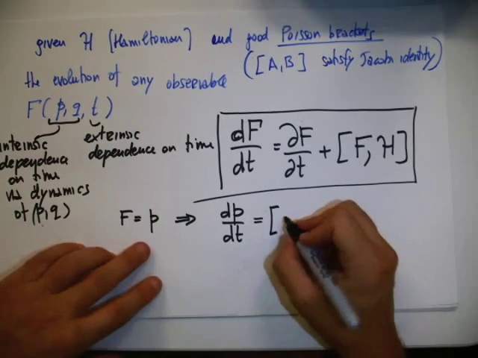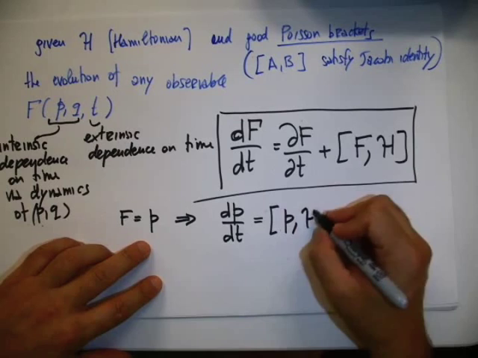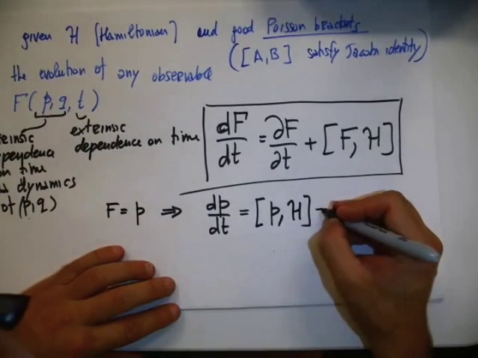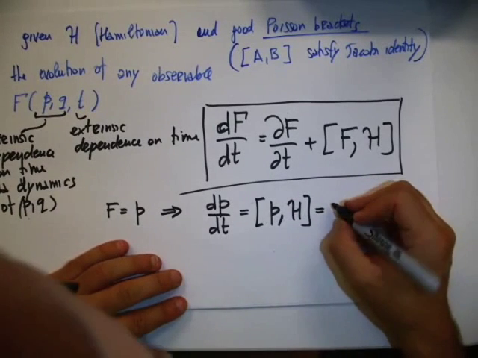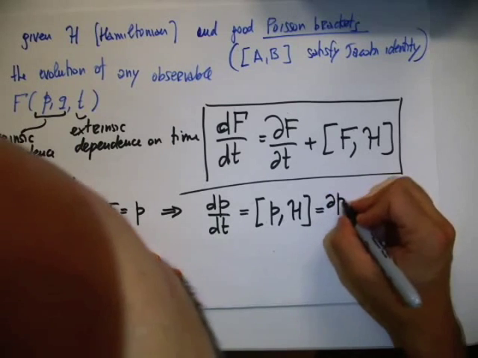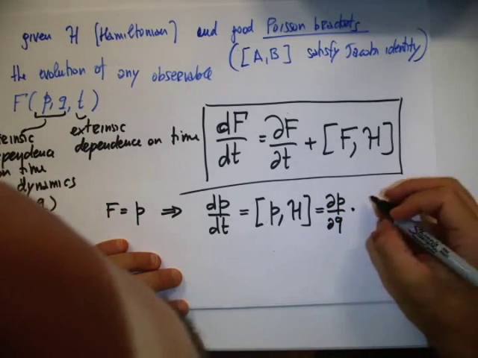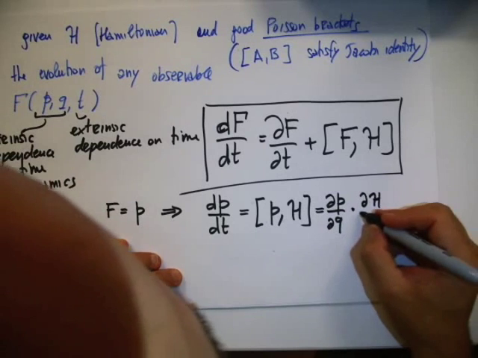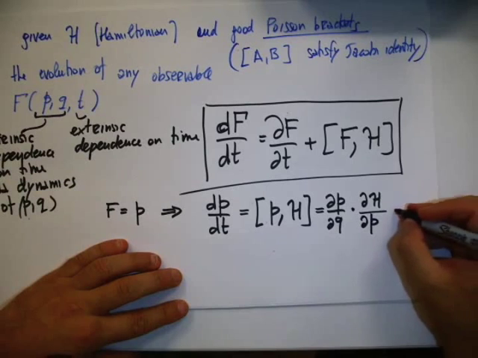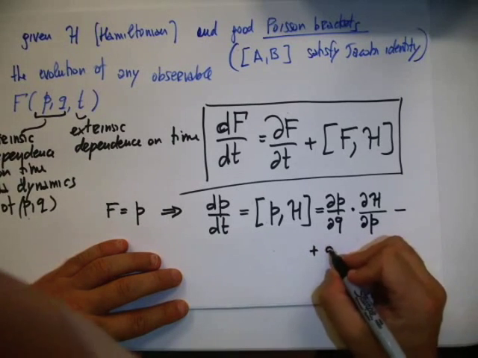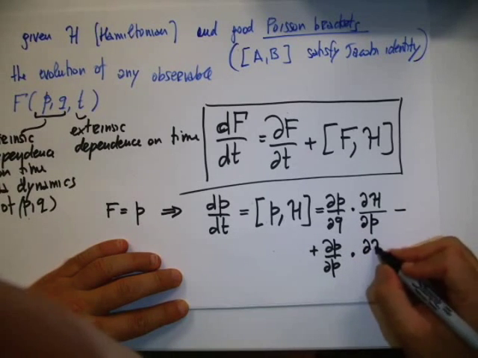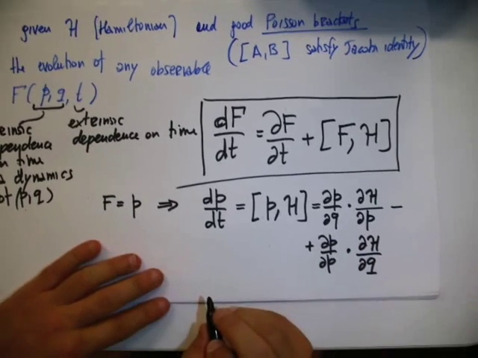Then I have P bracket with the Hamiltonian. By definition, this is equal to dP dQ times dH dP minus dP dP times dH dQ.